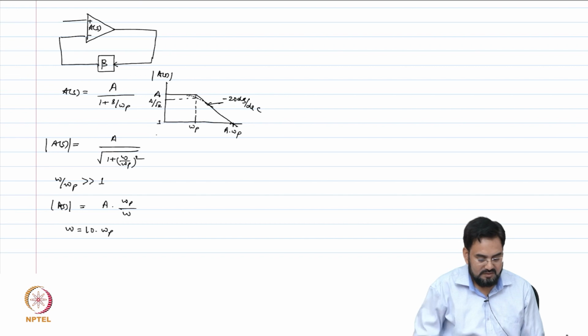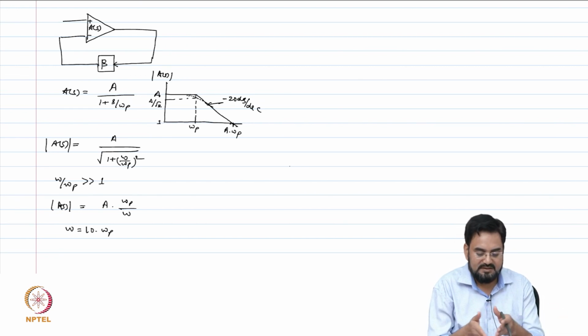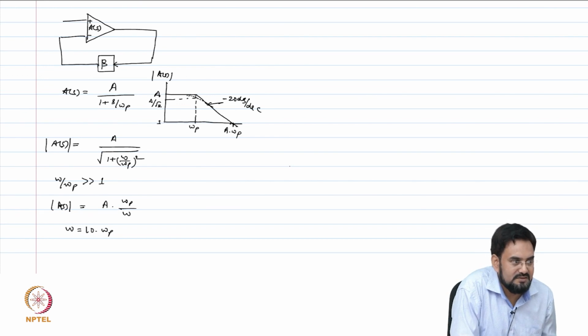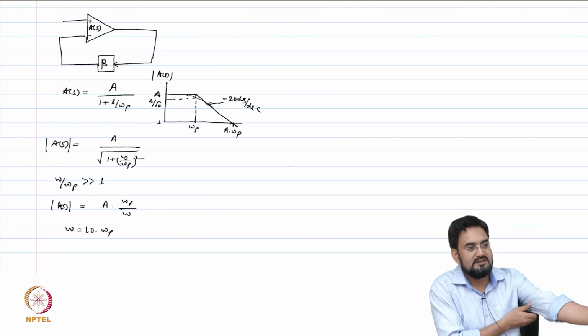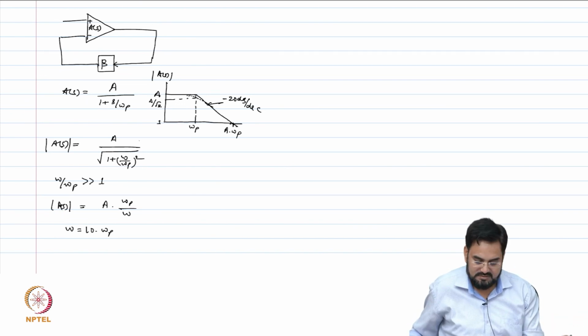So at every 10 times the frequency, you will drop by minus 20 dB. In log-linear scale, log 10 gives 1, so 20 dB per decade drop.